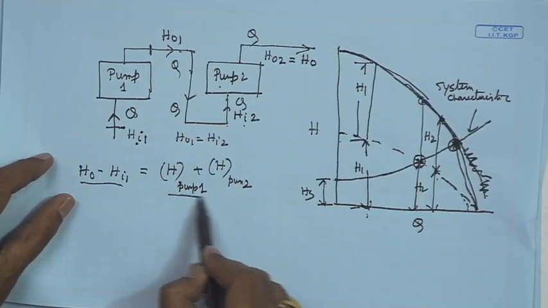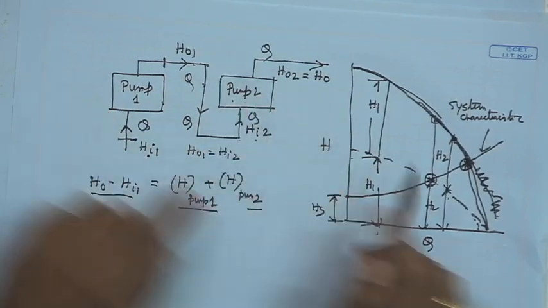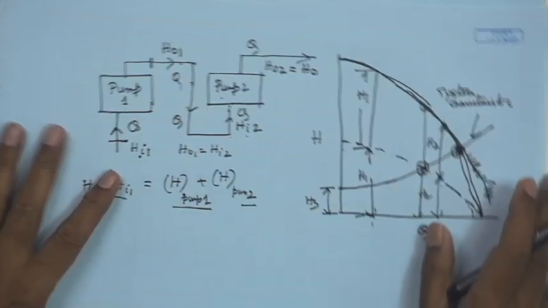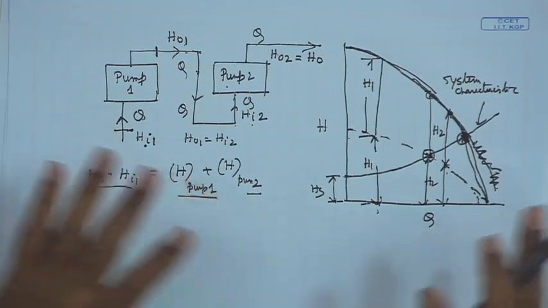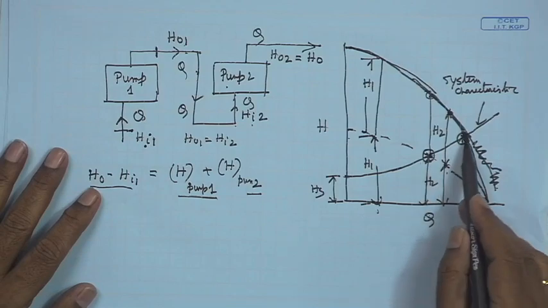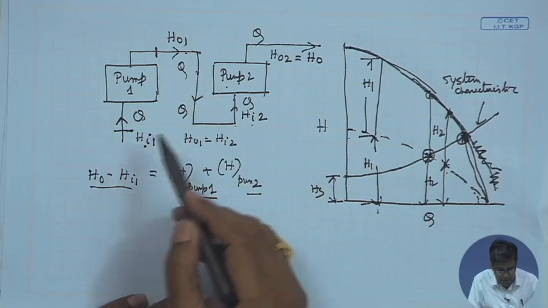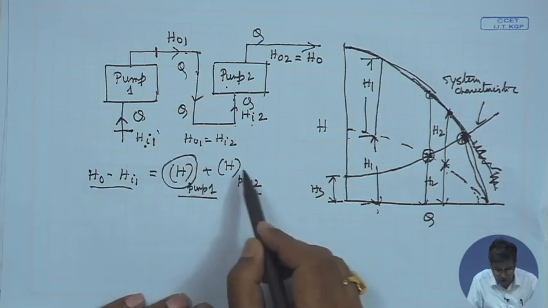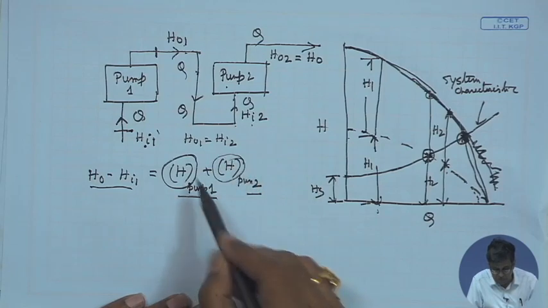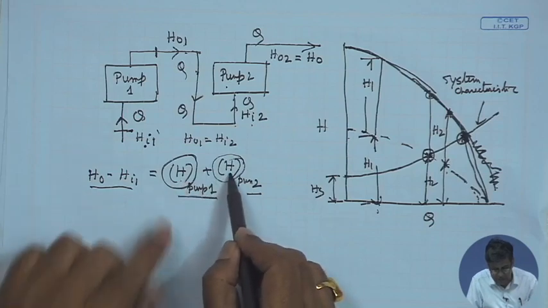We said the head developed is the sum of the heads of pump 1 and pump 2, that is when we think of the discharge characteristics, but the actual head developed in operation with a system, that is pipes, valves, everything, the transmission pipe, is different. When the system characteristics is added with the pump, the operating point will give a head higher than the head developed by pump 1 or pump 2 in case of identical pumps, but less than the sum of these two.